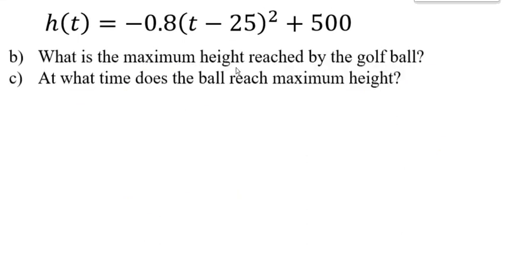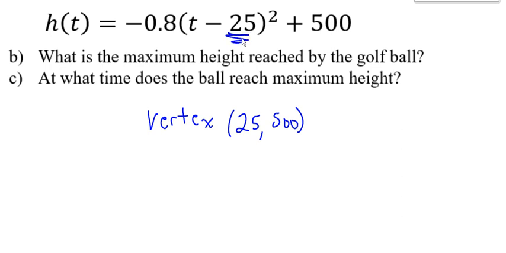So now I'm going to find the maximum height reached by the golf ball and the time it takes to reach there. And again, because it's in vertex form, I'm just going to look and find where the vertex is. So in this case, it's at positive 25, 500, because it's in vertex form. So the vertex is this number, but change the sign, and this number, leave the sign alone. So positive 25, 500.